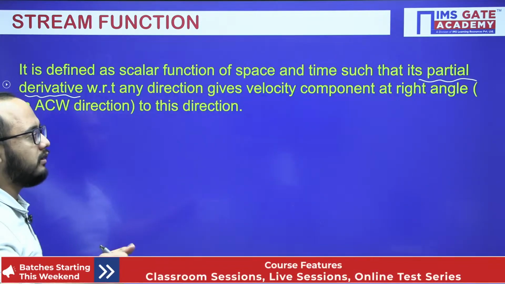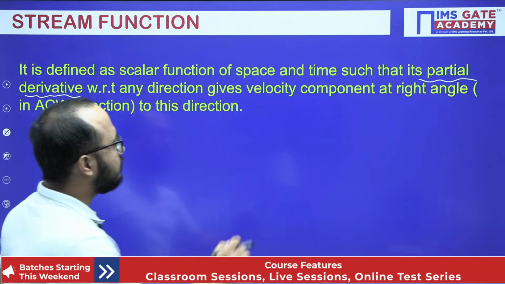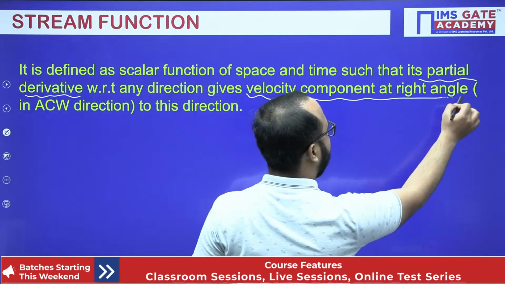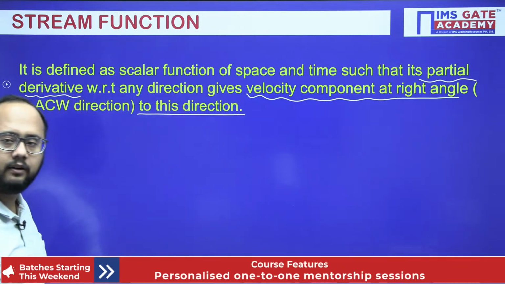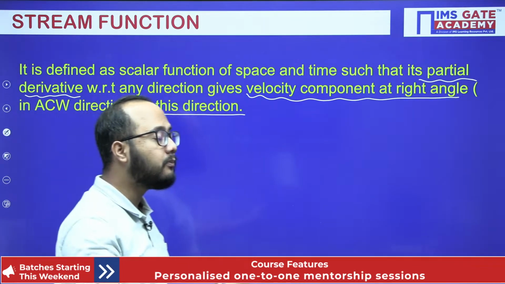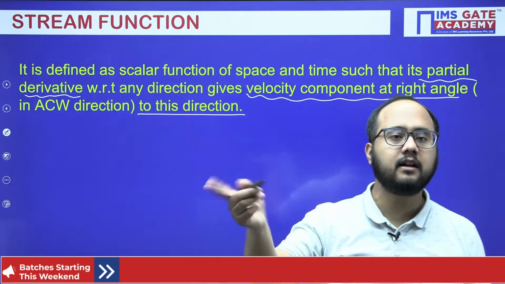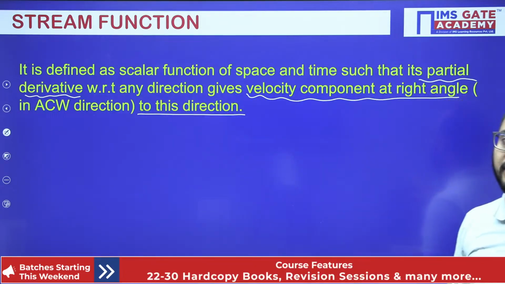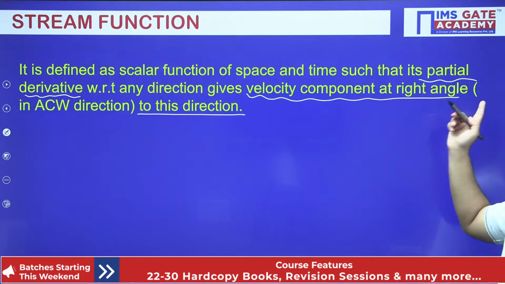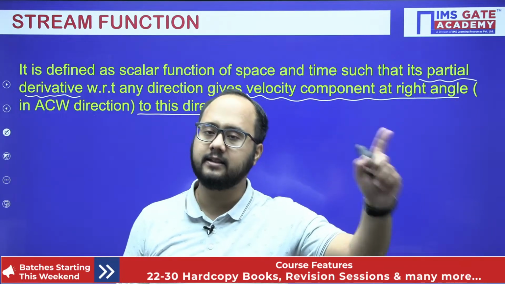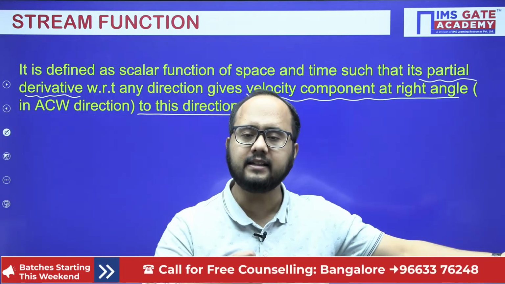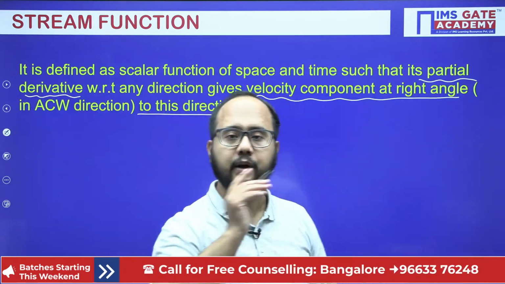Here there is a small change: it gives you the velocity component not in the same direction but at right angle. That point we should remember. Initially, in the VPF, it was along the same direction, but in this case it has changed to right angle to that particular direction.